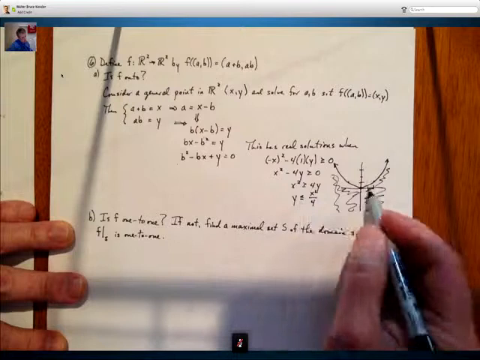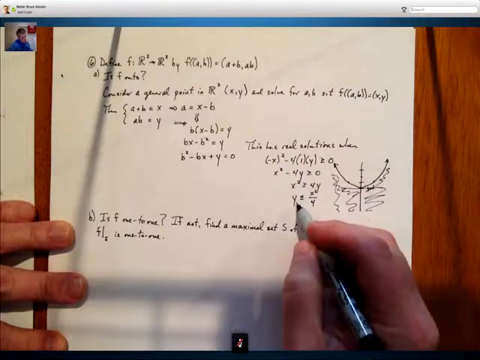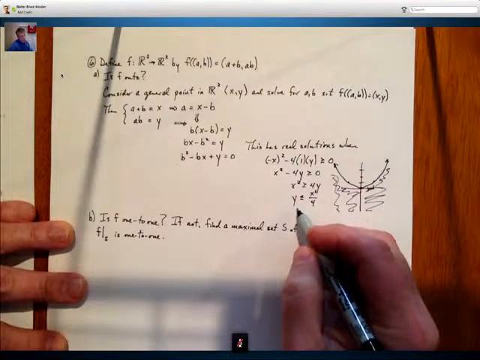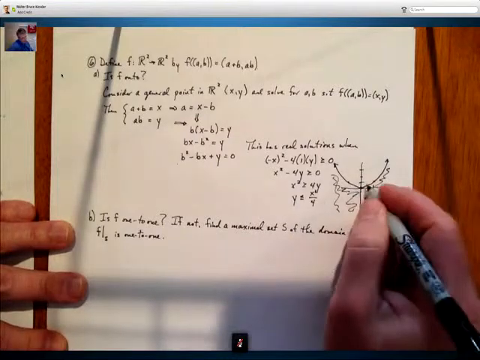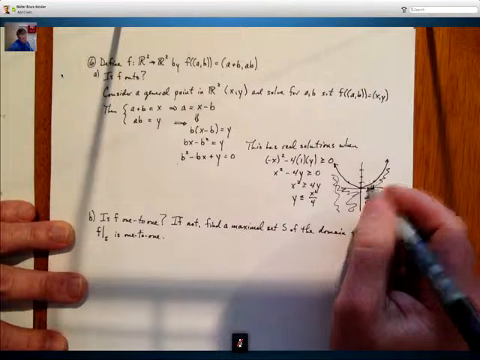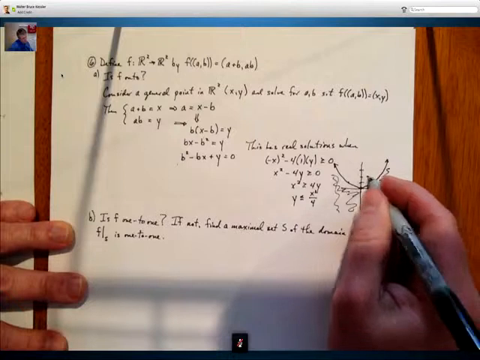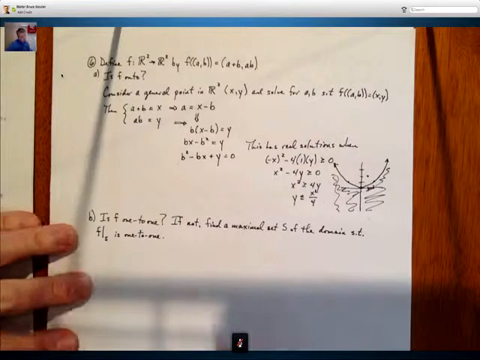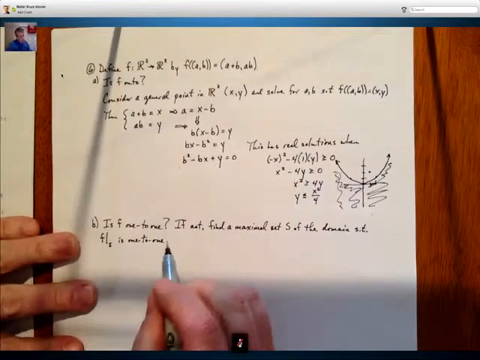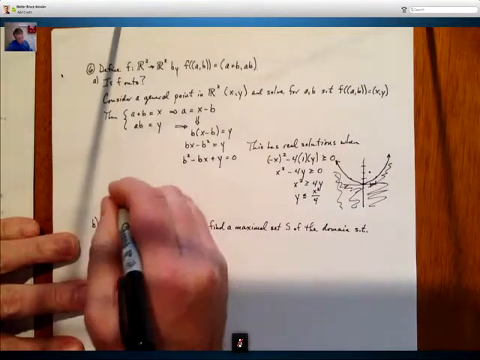All right, if x is 1, then this is 1/4, y would be 1/2, right? No, I'm sorry, it would be 1/4, right? So take anything up here, and we won't be able to solve for a and b that make that happen. Okay? So this is not onto.